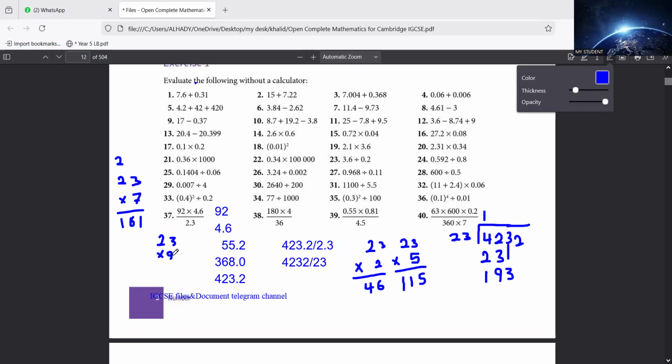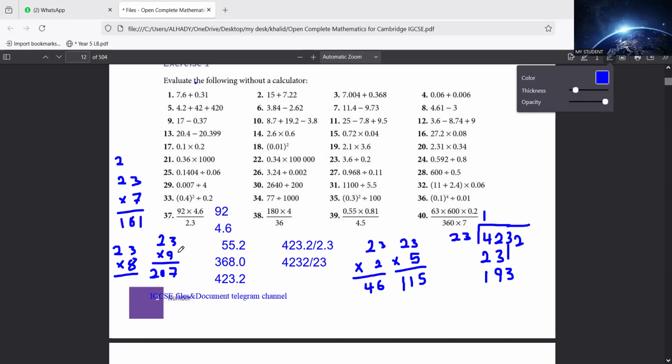Then you say 9 multiplied by 3 is equal to 27, and carry over the 2. And then 9 multiplied by 2 is 18. 18 plus the 2 is 20. So this is too big. So you need to go back to the 8. 23 times 8. Before you take the 7, you need to make sure whether by 8 is smaller or bigger.